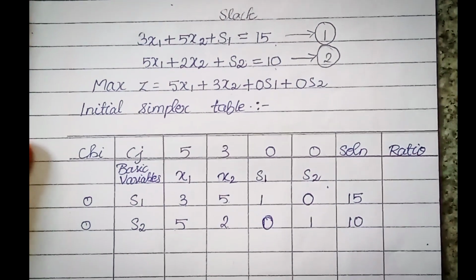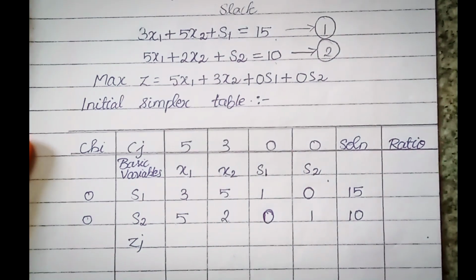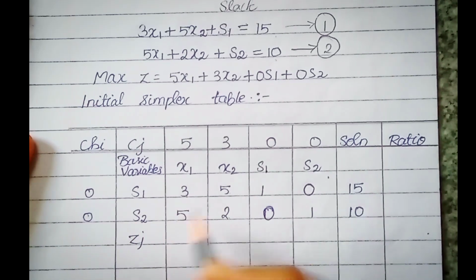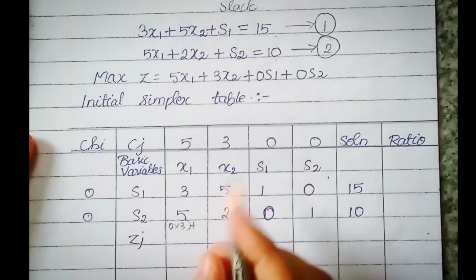Okay. Then we will write Zj. Zj is nothing but multiply the 0 with 3, 0 with 5 and add both: 0 into 3 plus 0 into 5.